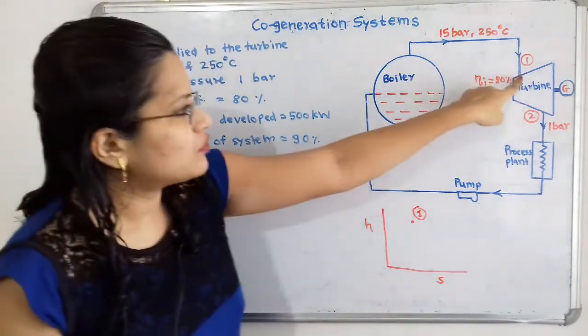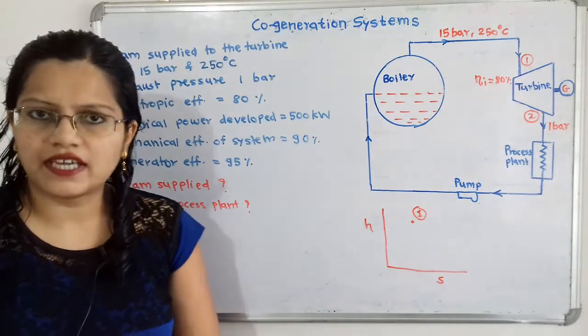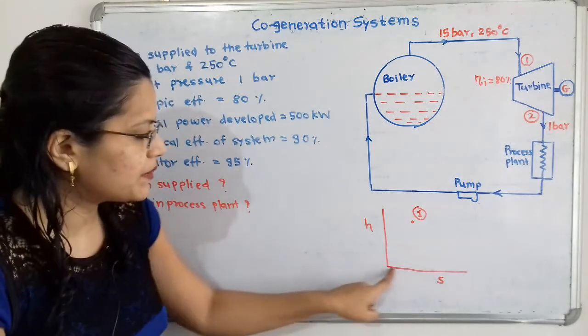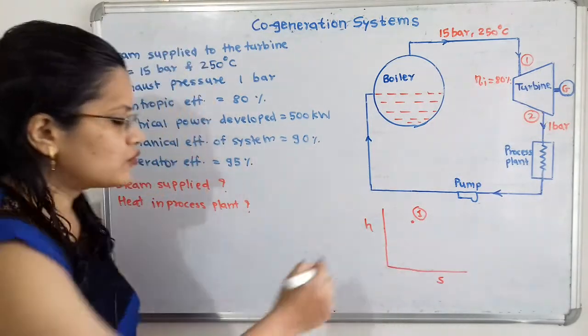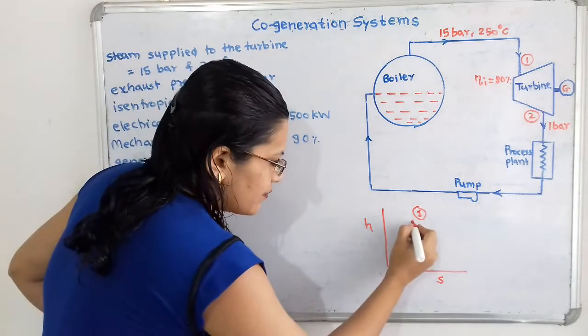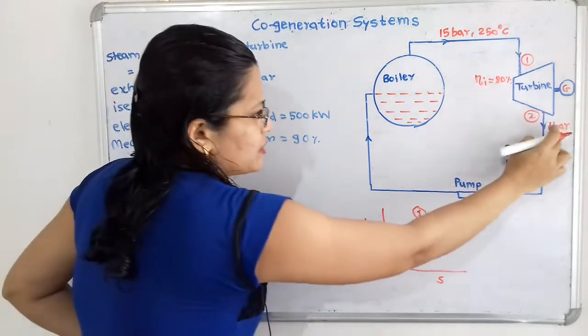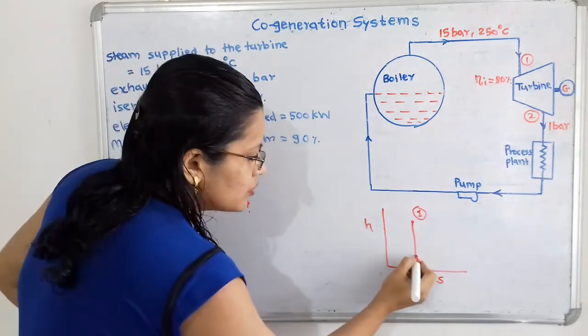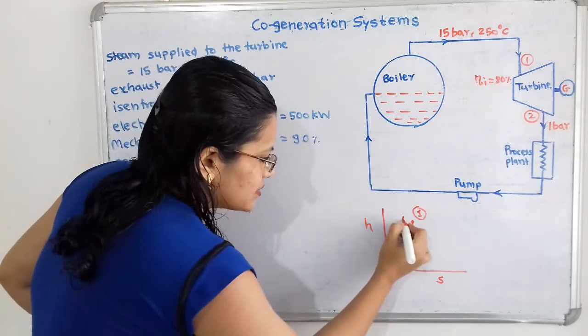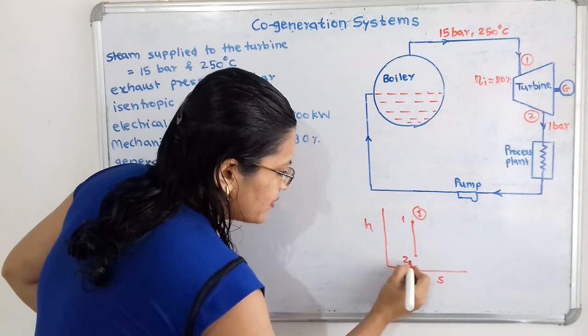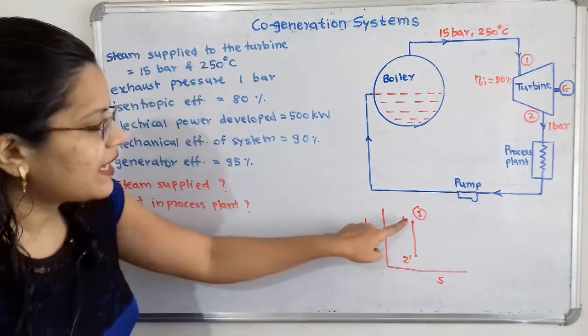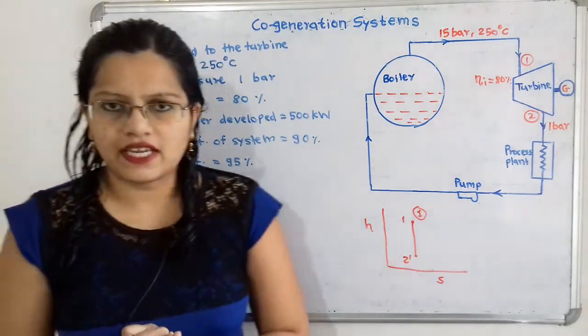Then the isentropic expansion process takes place, that means entropy remains constant. So we draw one straight vertical line. This is the point 2 at a pressure of 1 bar. Here this is point 1 and this is point 2 dash, because the isentropic process is taking place.